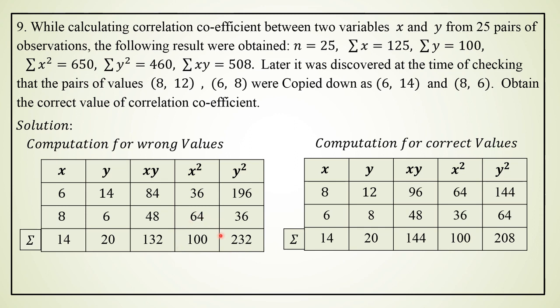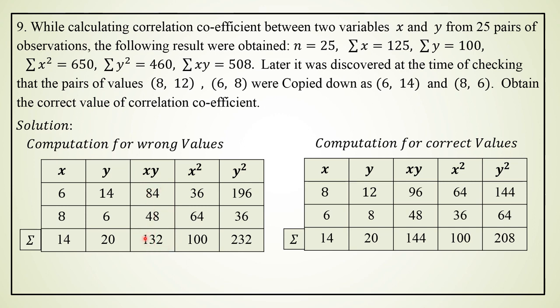The summation of x square value for the wrong data points is 100, and for the correct data points also it is 100, which indicates that there is no change in the summation x square value for the correct data points as well as for the wrong data points. Okay, it remains unaltered.